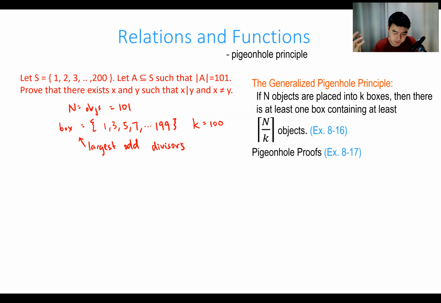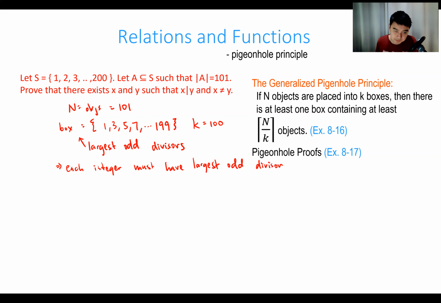Whatever the number is, I'm going to put it in the box of its largest odd divisor. Note that the number must have an odd divisor. In the worst case it could be 1, but it must have a largest odd divisor. So the first thing I'll note is that each integer must have a largest odd divisor.